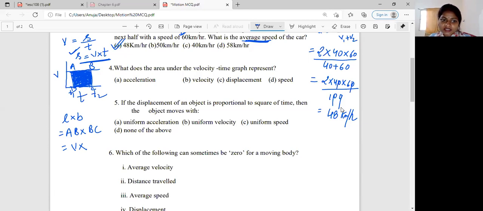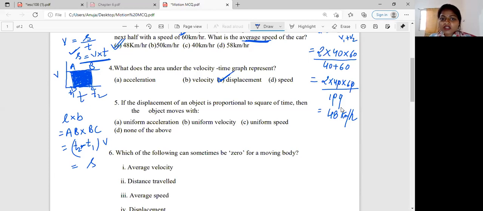Here AB is time taken, meaning T2 minus T1, or we can also say AB is equal to DC. So T2 minus T1 is time taken, and BC is velocity. So velocity multiplied by time represents displacement. So option C will be the correct answer.